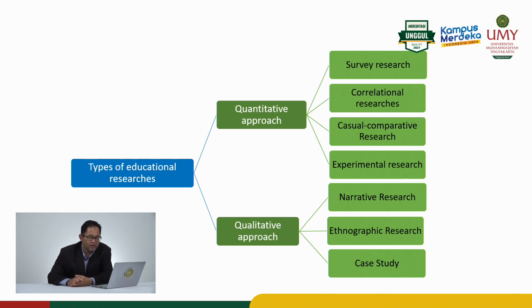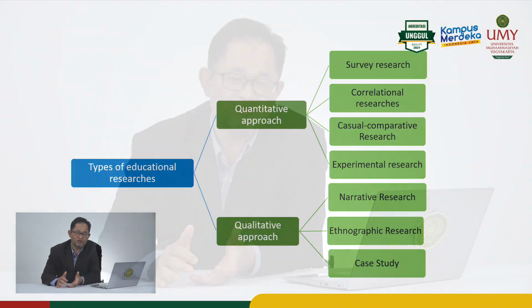And in terms of qualitative, let's say for instance you would like to take a design. The design can be narrative research, then ethnographic research, and maybe case study. And there are still many other types of research. So this is the thing that we have to discuss, the introduction to education research.